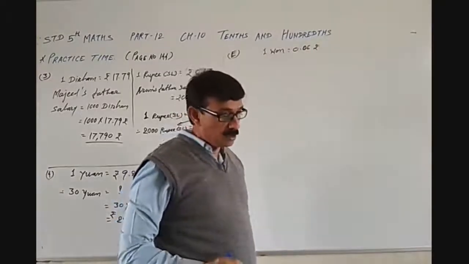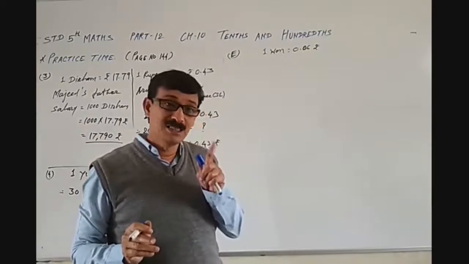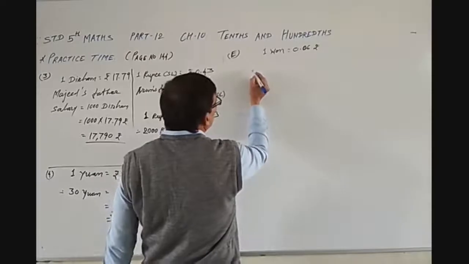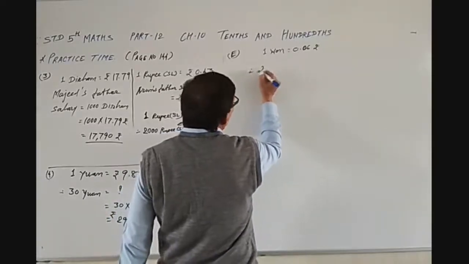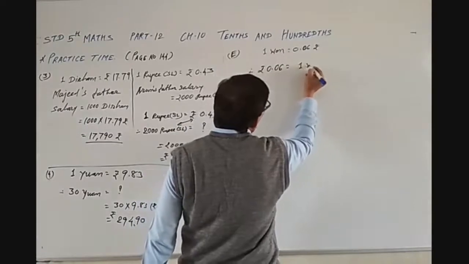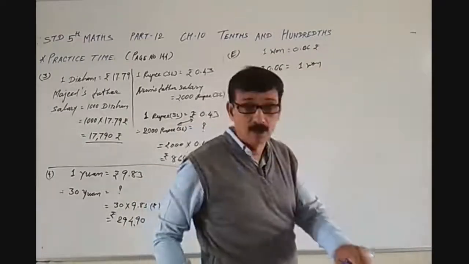That means if you give rupees 0.06, then you will get 1 won. Therefore, how many rupees does she have? 4.